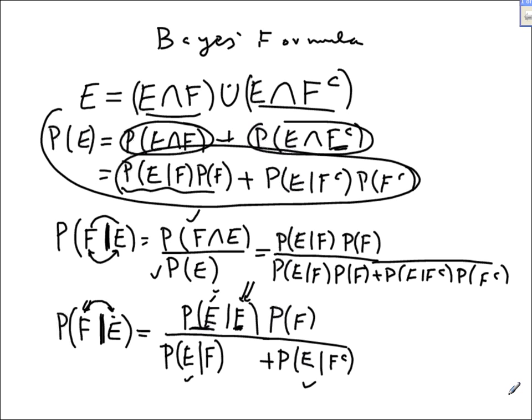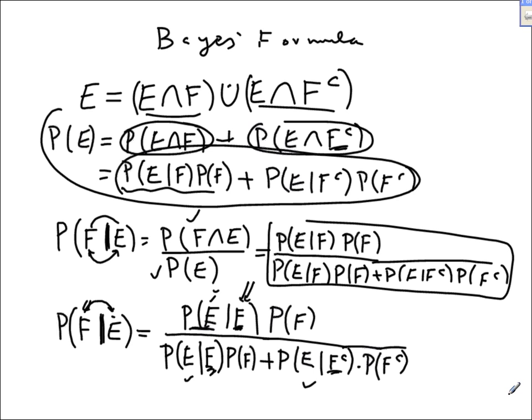In this case, P of F. Here, P of F. Here, P of F complement. And I doubt I made a mistake, but it's going to be exactly what I have here.